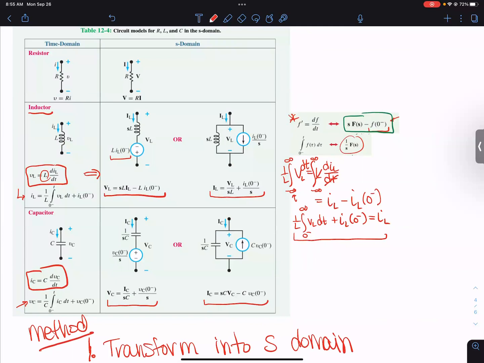Is there ever a case where you want your capacitor in parallel and your inductor in series? When you're in a parallel form, sometimes the parallel with the current source may be an easier form to solve.